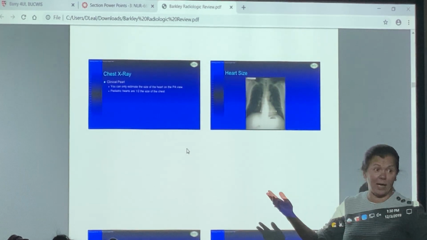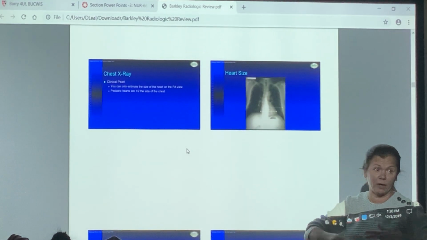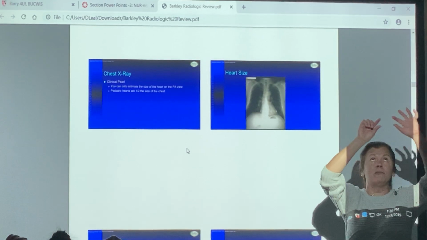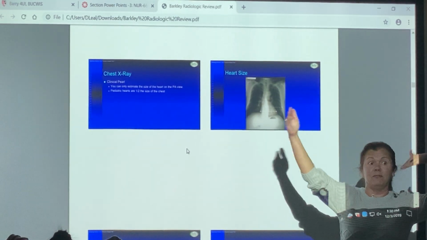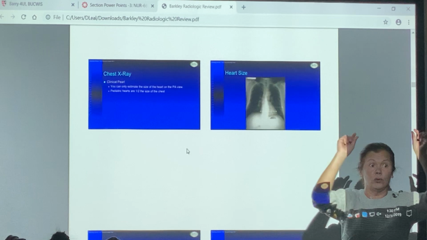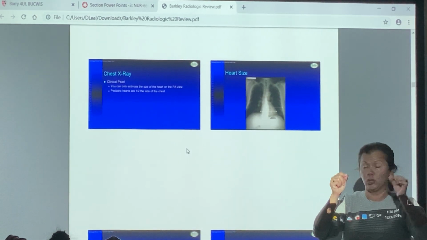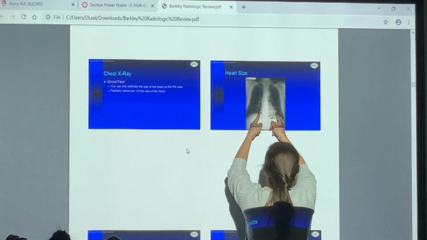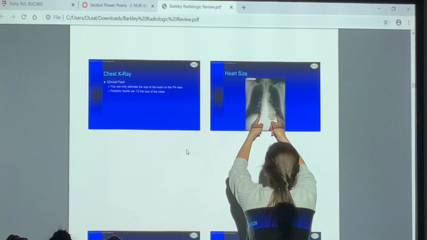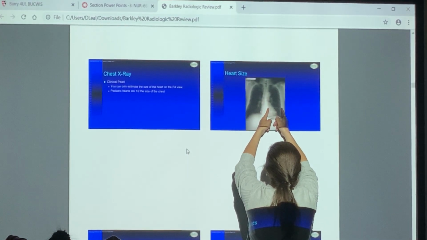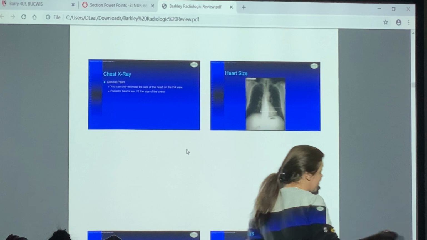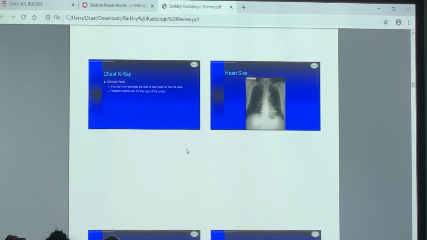When you open PACS or Centricity or whatever platform you use, we have measurements on top and even magnifying glasses and everything. So you can transport that measurement and measure exactly. If you transport the biggest width onto a hemidiaphragm, it shouldn't be more than that. If it is, in a PA view, you have cardiomegaly.